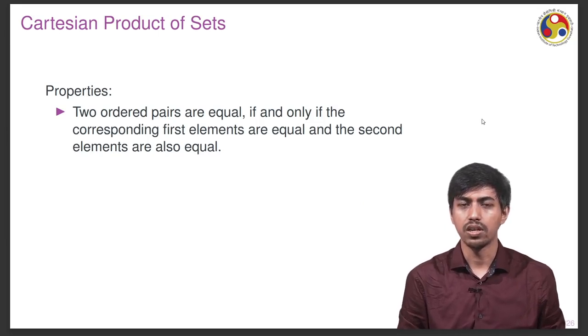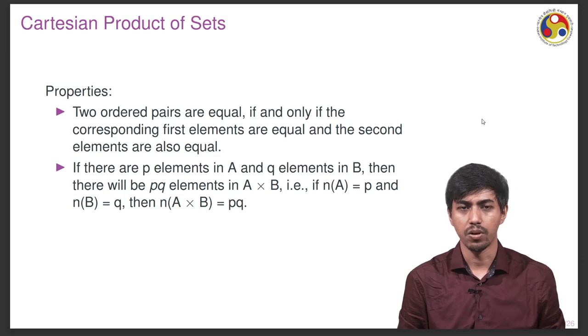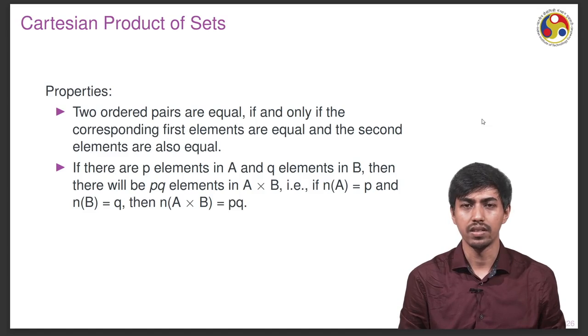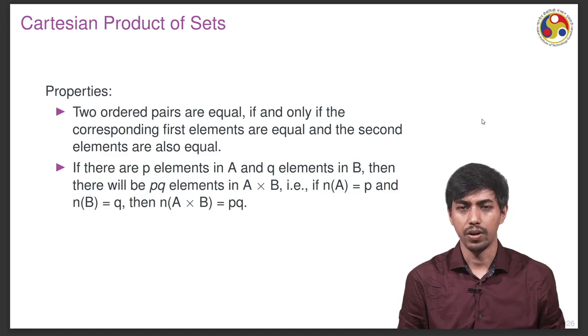The first one is that two ordered pairs are equal if and only if the corresponding first elements are equal and the second elements are also equal. The second property is that if there are p elements in set A and q elements in set B, then there will be p times q elements in the Cartesian product of A and B. That means if n(A) is equal to p and n(B) is equal to q, where n(A) denotes the number of elements in A and n(B) denotes the number of elements in B, then the number of elements in the Cartesian product of A and B, that is n(A × B), will be equal to pq.